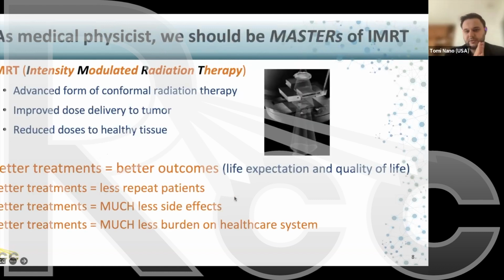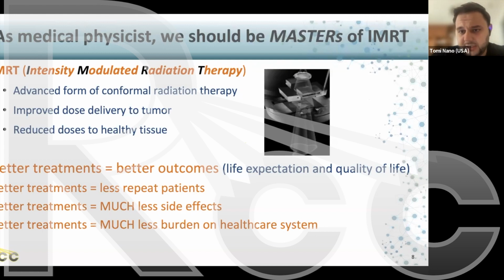All right, so let's jump into our intro for IMRT. We're talking about intensity modulated radiation therapy. So this is an advanced form of 3D conformal radiation therapy. And the advanced part is that we can better conform the dose around the tumor, which allows us to reduce dose to healthy tissue.